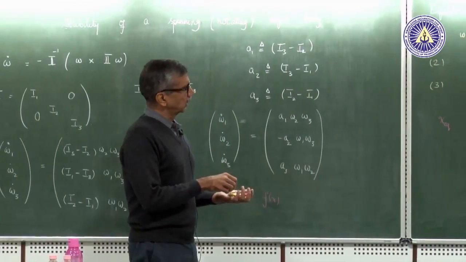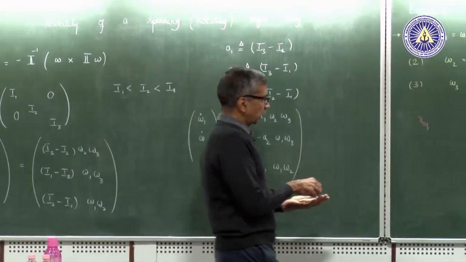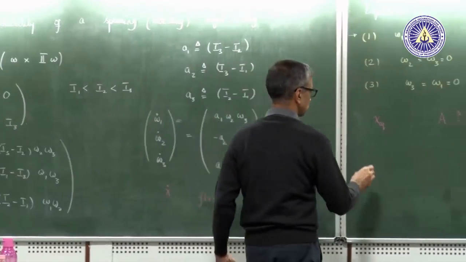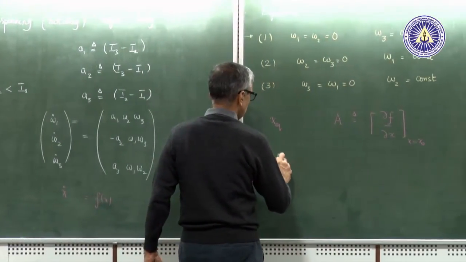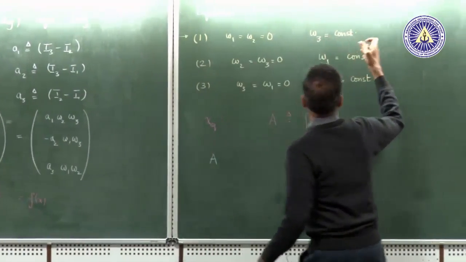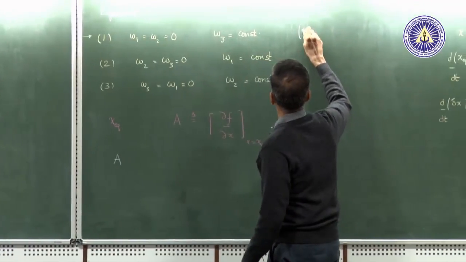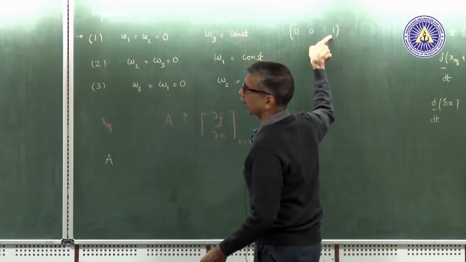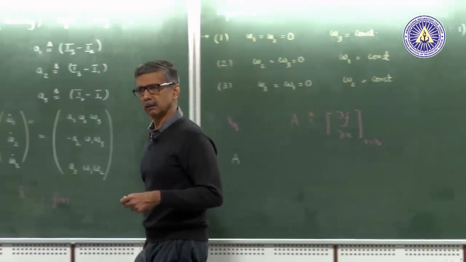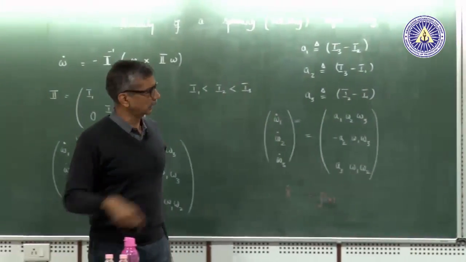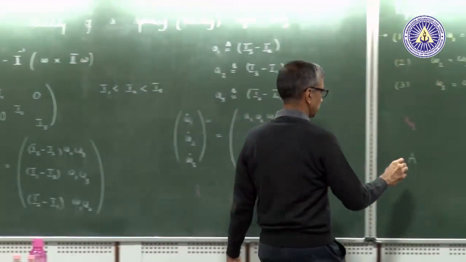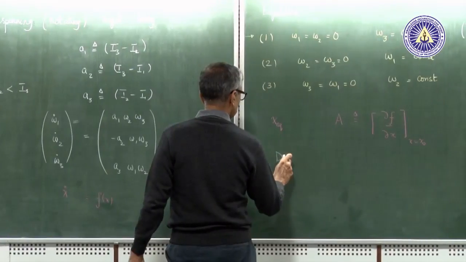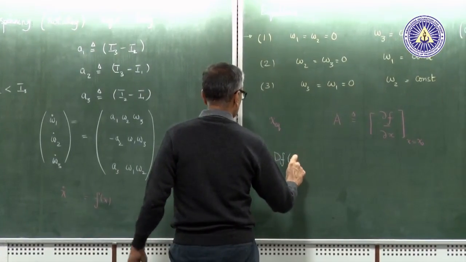Right. So let us find out what the A matrix of this is. For this let us look at 0, 0, 1, some constant value, right. First and foremost let us get df at any x.